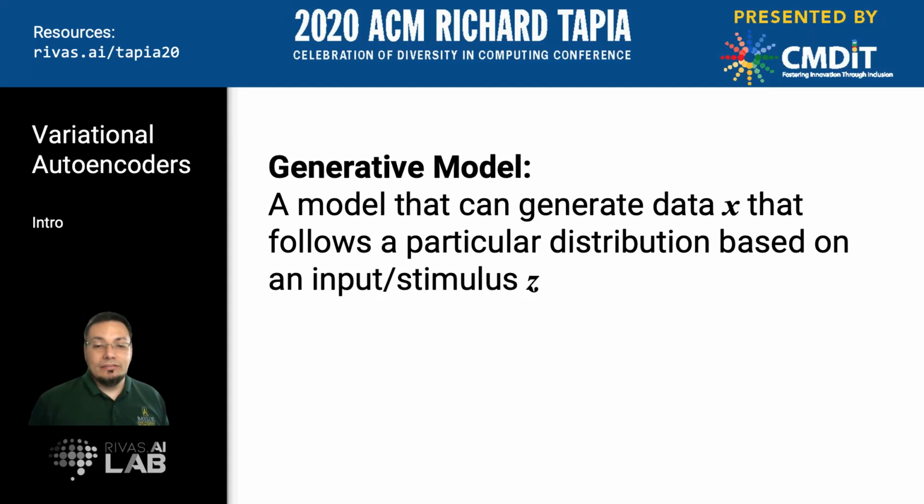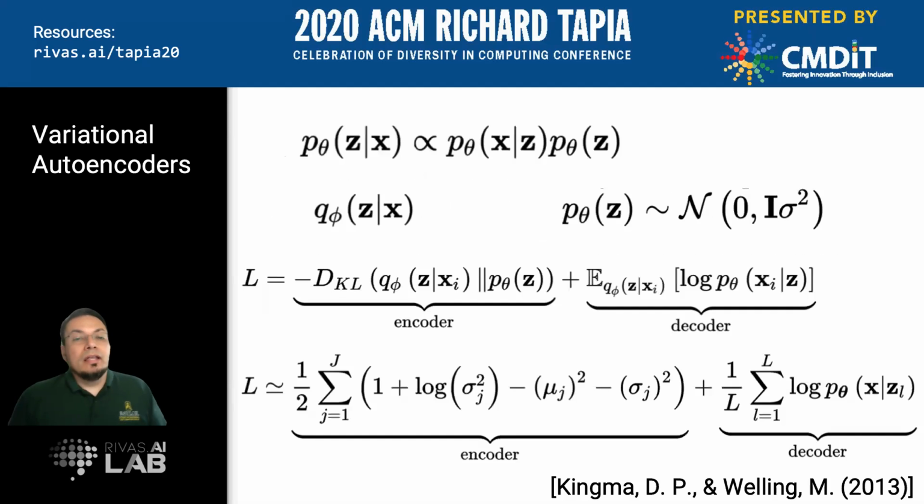And we call that distribution or stimulus input Z. This follows the concepts proposed by Kingma and Welling in 2013, which show that we could perhaps learn to approximate something like a posterior distribution, for example.